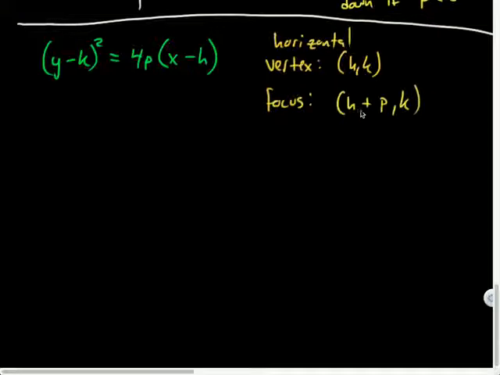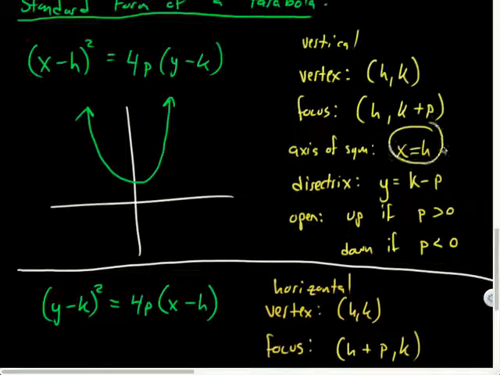The axis of symmetry, which sometimes I'll abbreviate as AOS, this time is a horizontal line, so it's y equals a number. And which coordinate of the vertex do you think it passes through, the x or the y? k, yeah. It's going to be the opposite of the one up here.